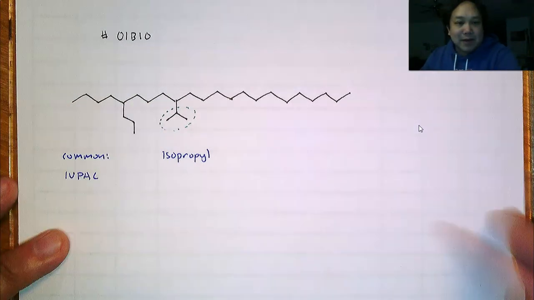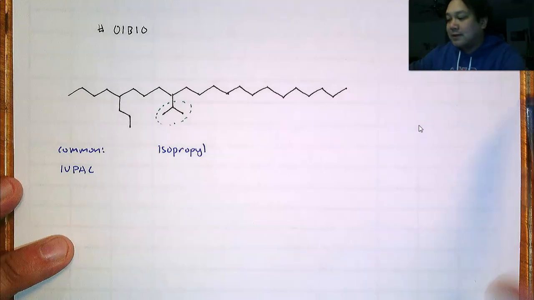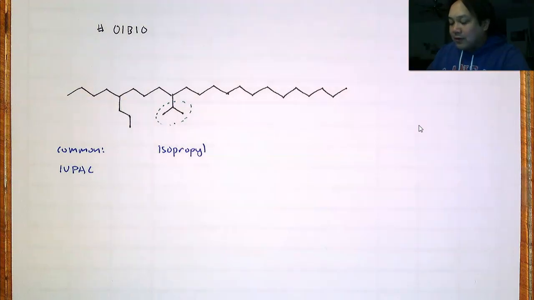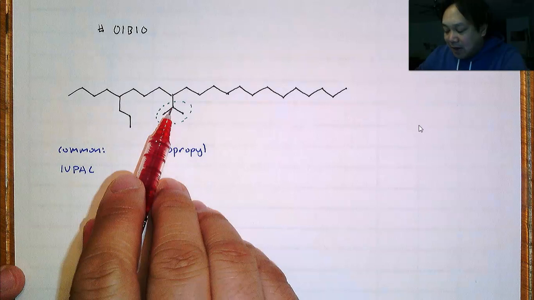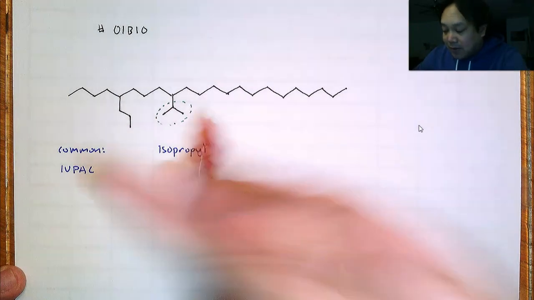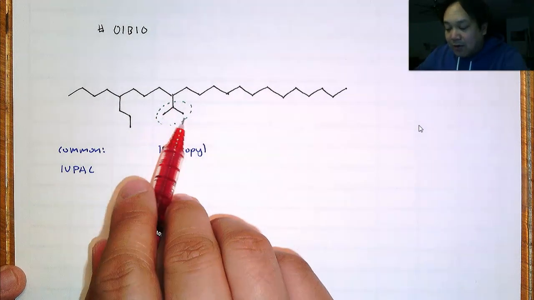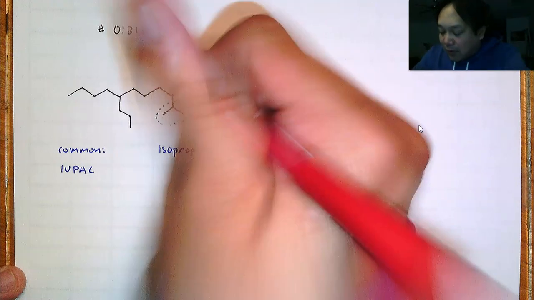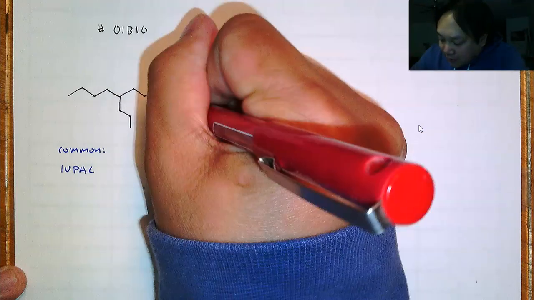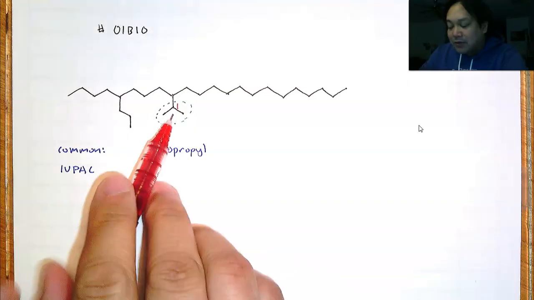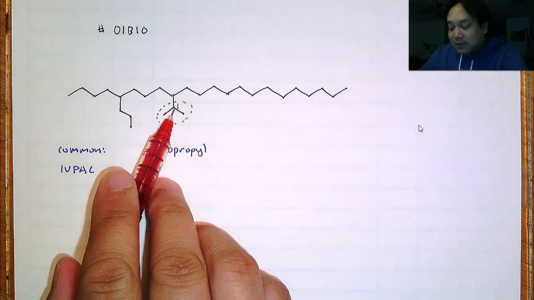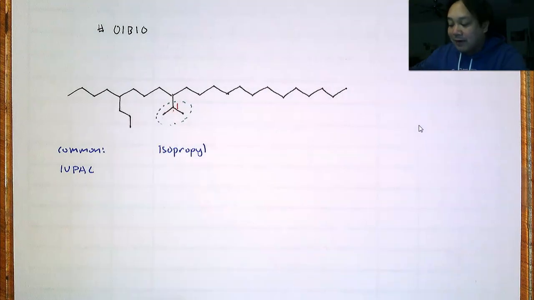What is the IUPAC name? They want you to consider this as a substituent, but with a branch off of the substituent. You start numbering your substituent with carbon number 1, which is the carbon directly off of the parent.